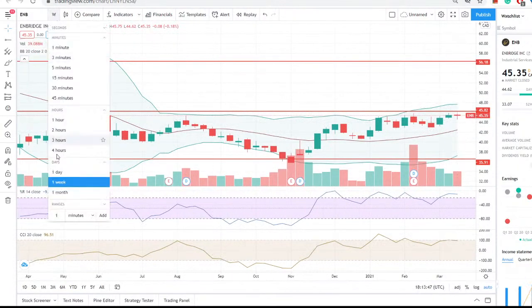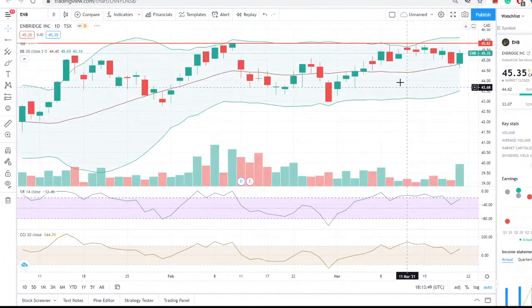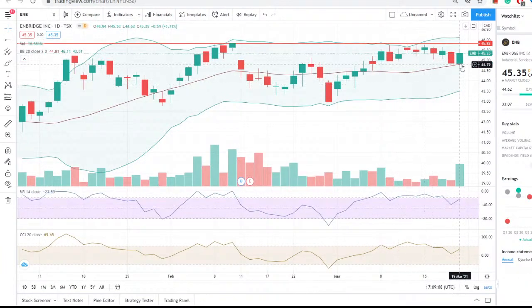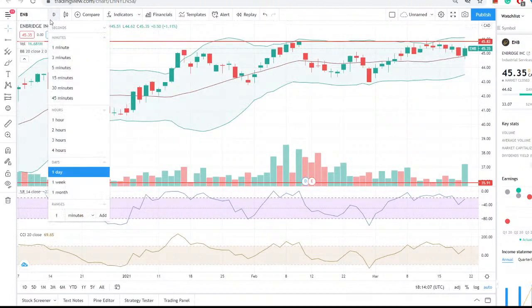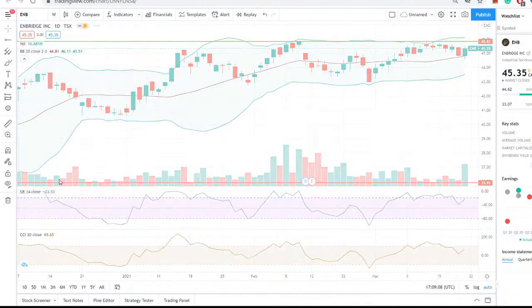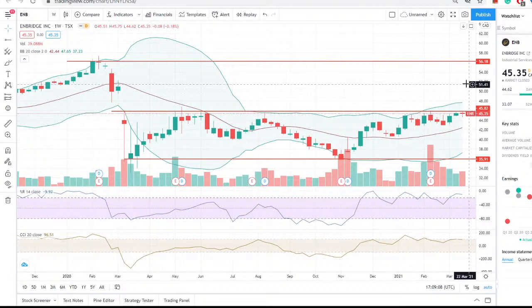So this downtrend which we saw here, if it continues going further up, it's expected to break this resistance at around 45.83, and if it does that, the next resistance is about $10 above, as we had discussed. That would be a good entry point if it breaks this resistance.